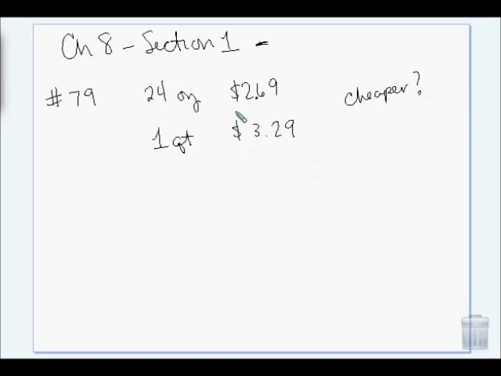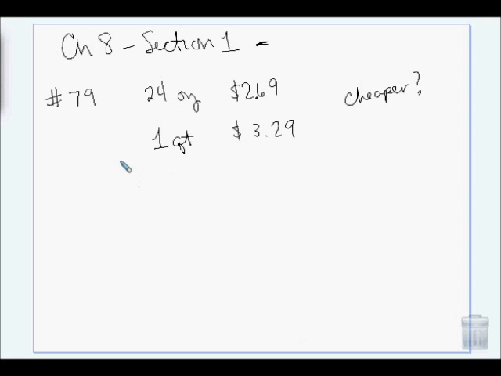Now, we need to find the per ounce price to know which one is a better deal, which means I need to figure out how many ounces are in a quart. So if you have your chart, it was on page either 480 or 491, depending on your book.